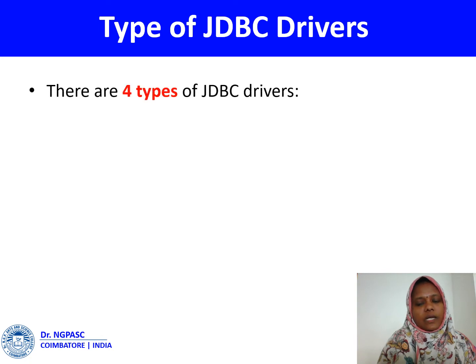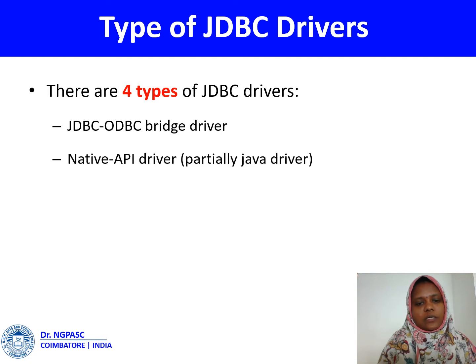Through the drivers only we connect our applications to the databases. The drivers are classified into 4 types. The first one is the JDBC ODBC bridge driver. This is the initial bridge driver that was invented initially. The second one is the native API driver.